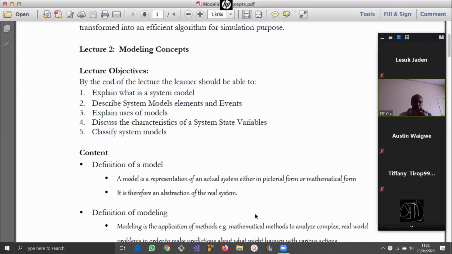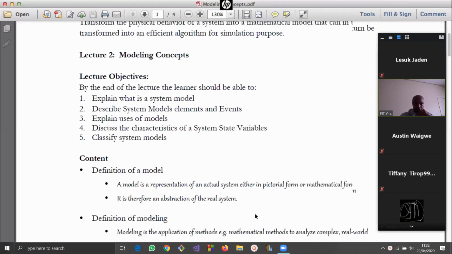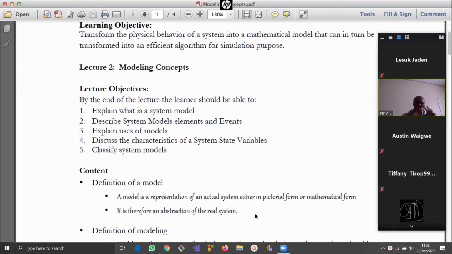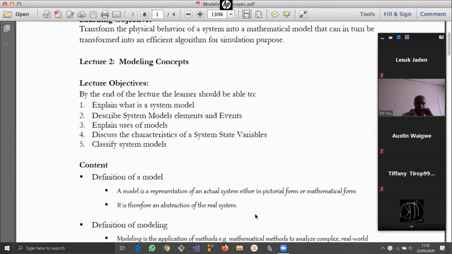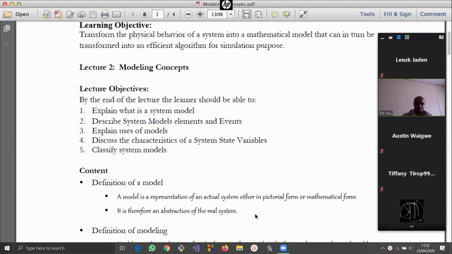So what is it that we want to do today? It's always important to appreciate the objective that we want to achieve today, and how it fits into the bigger picture. As a learner, you should always try to see whatever we are doing in the broader picture of what we are calling the learning objective.